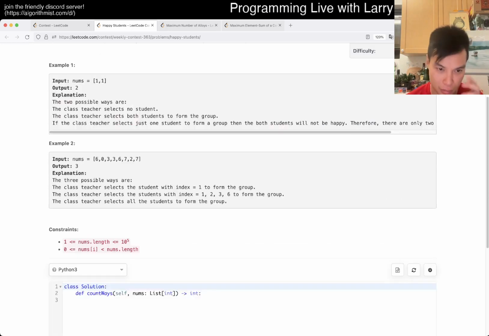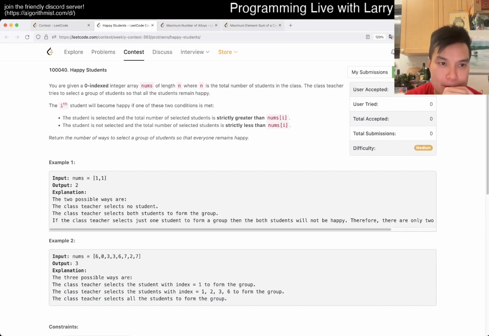This one is kind of hard to read. Okay, so everyone is happy.